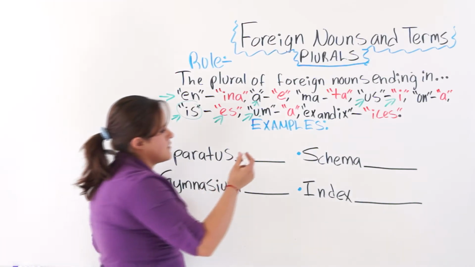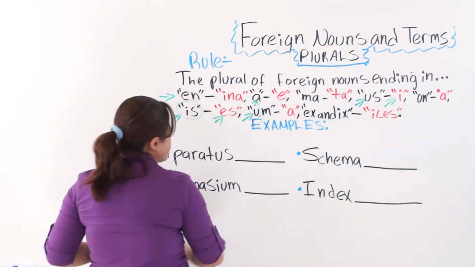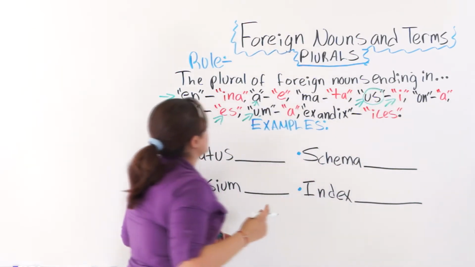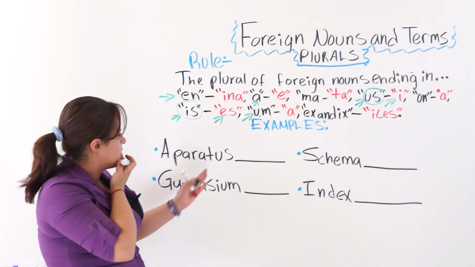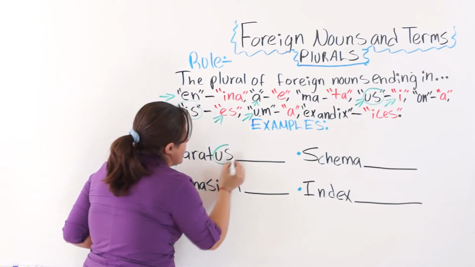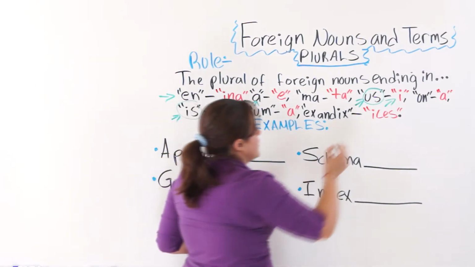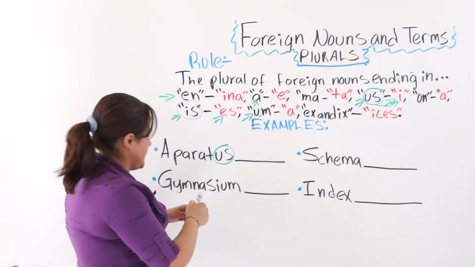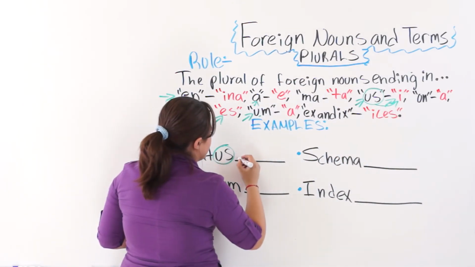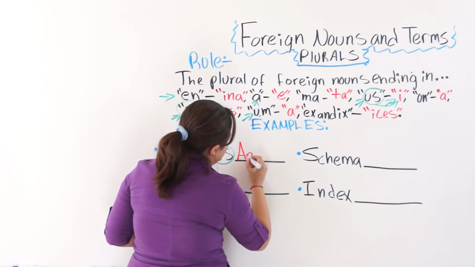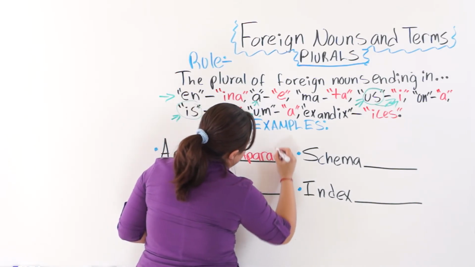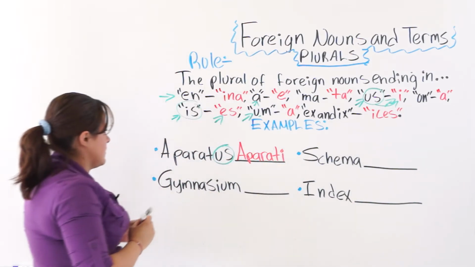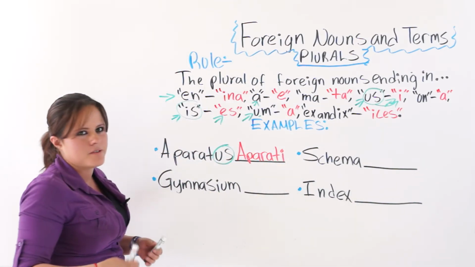So you know it ends with U and S. So we go to our rule and we're like, okay, it ends in US, so I must replace the US with an I. So the plural form would be apparati. Or apparati. I'm not sure of the pronunciation.